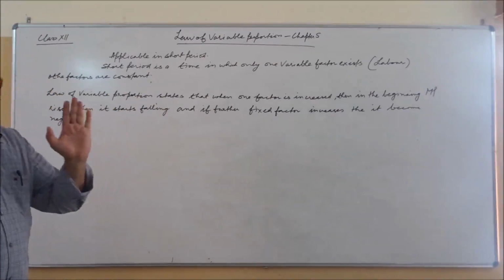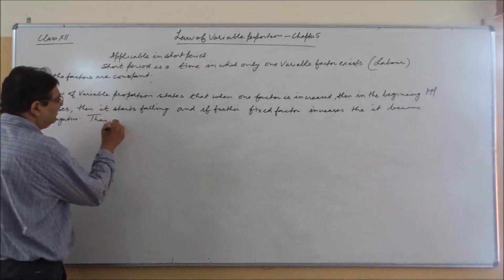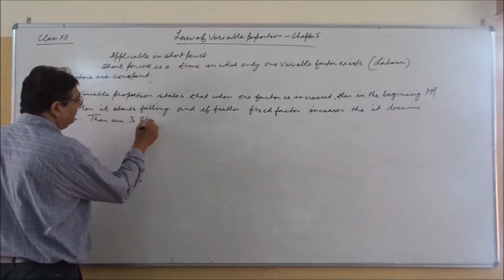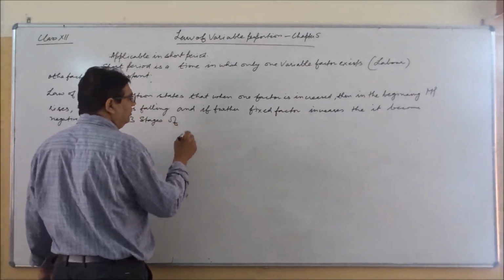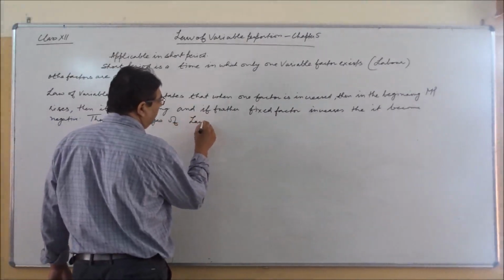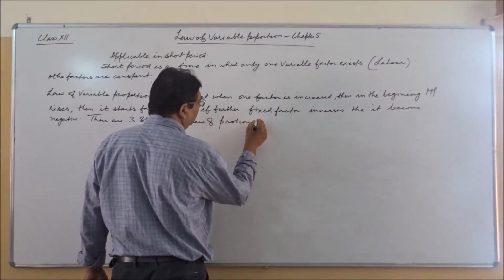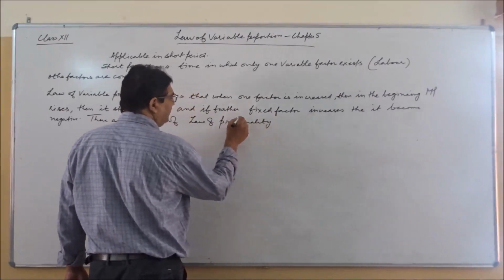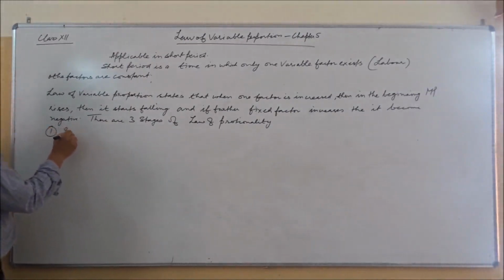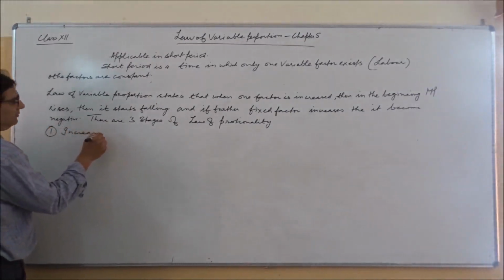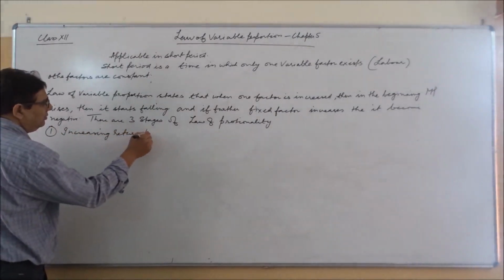So there are three stages of the law of proportionality. The first stage states increasing return to factor.